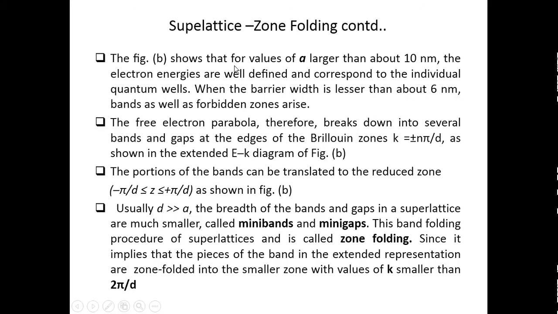But if the well thickness is reduced, say to about 6 nanometers, the bands as well as the forbidden zones arise. So if the well thickness is more than 10 nanometers, individual quantum wells will exist, and the material will behave exactly like individual quantum wells.